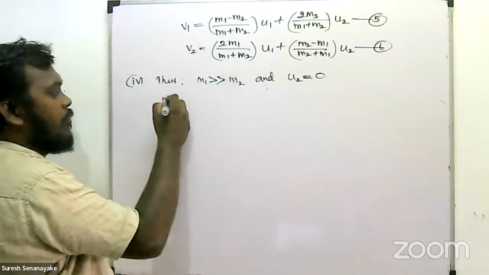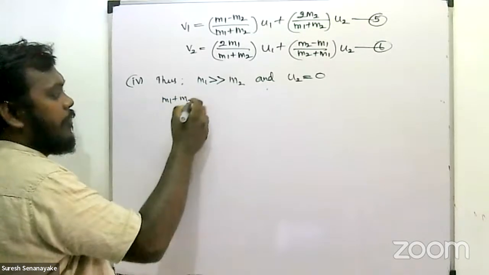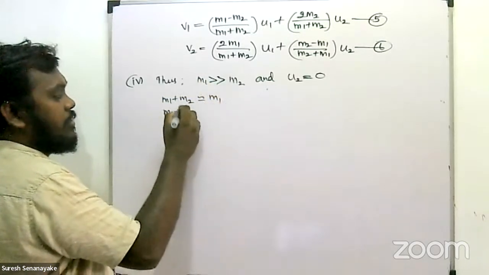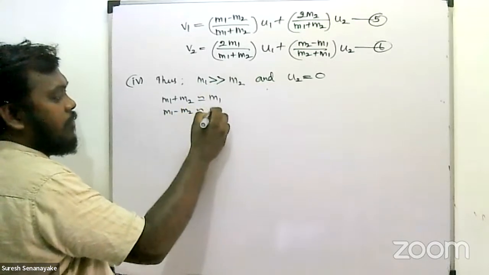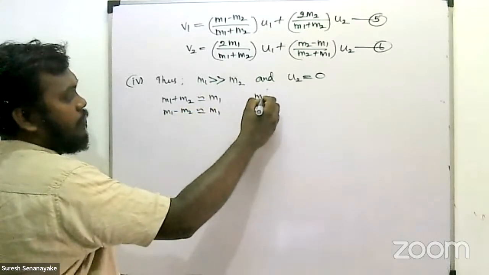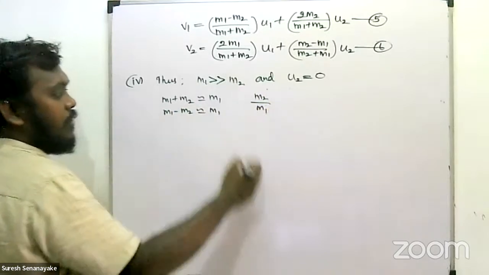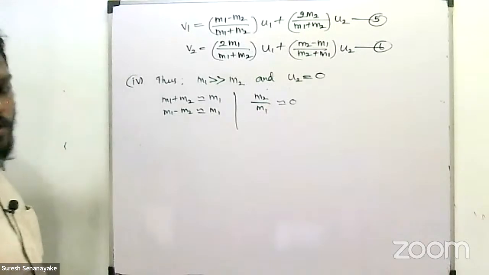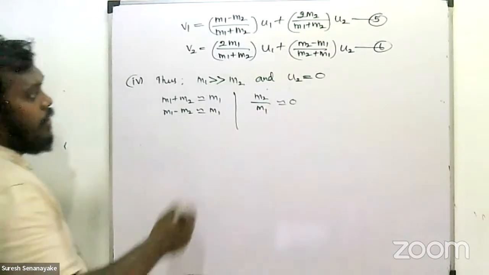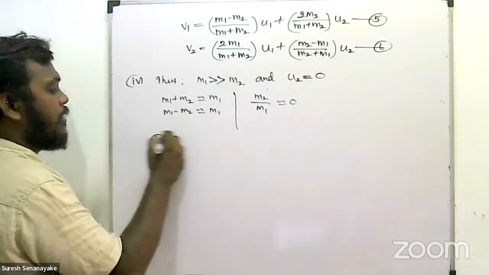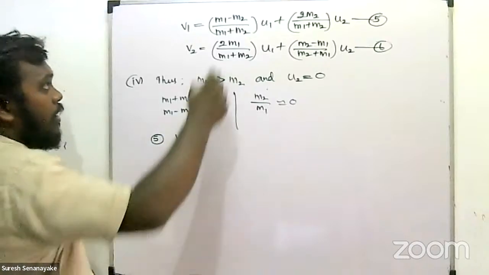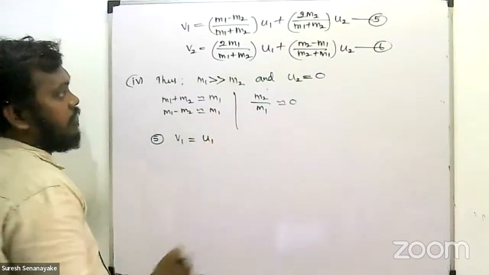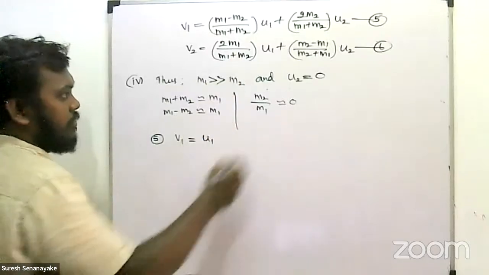Then m1 plus m2 is much larger, so approximately equal to m1. m1 minus m2 is also approximately m1. And m2 divided by m1 plus m2 is approximately 0, since m2 is much smaller. From equation 5, the m1 cancel and V1 equals u1. The other part is 0 because u2 is 0.